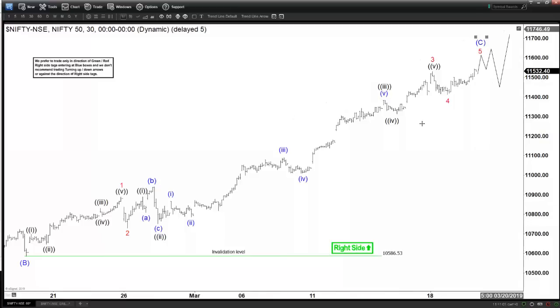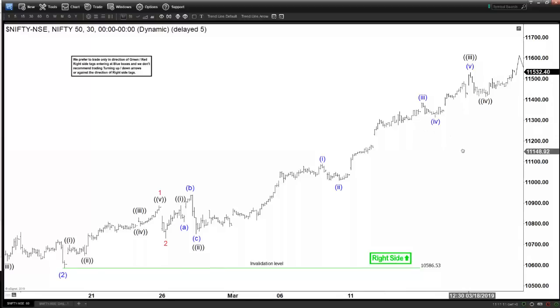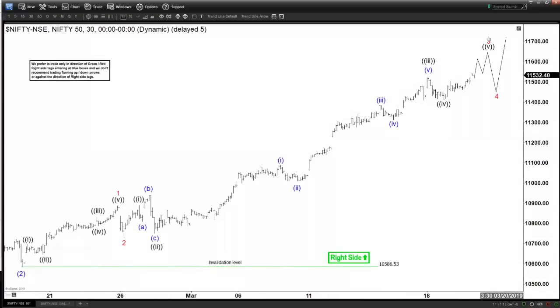The primary view is calling for the upside, but even in the primary view, we have a couple of different possibilities as well. We could have already ended 3 here, for example, and start to do the bigger pullback in the 4, followed by more upside in the 5, or we could have already ended with 3 in the blue, with or without marginal high.